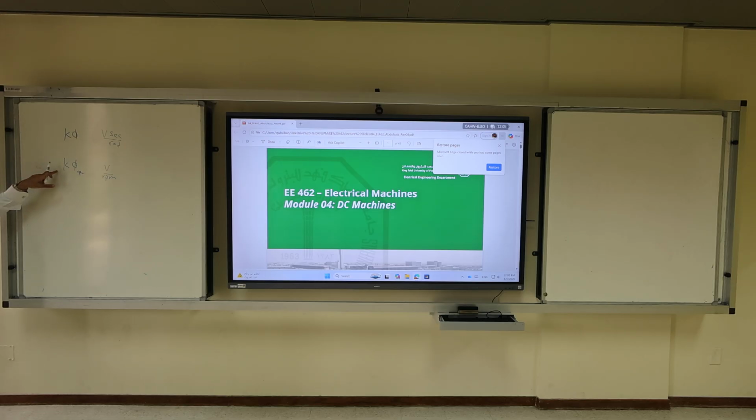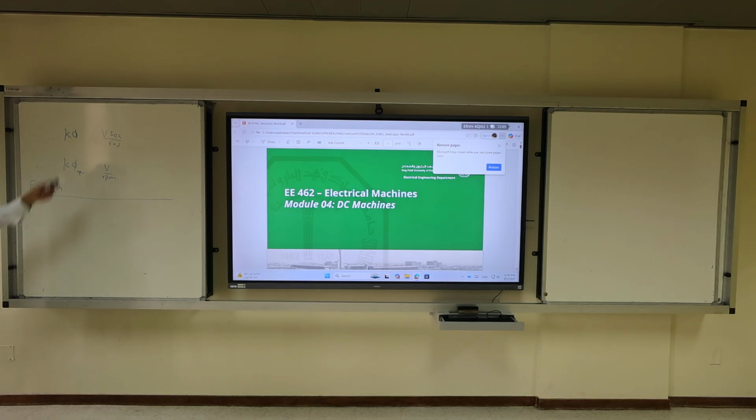This is one of the examples, I think example 3, which solves directly EA equals K RPM N. If you put N, you use the constant volts over RPM, or you convert this N to omega and use this constant. Okay?